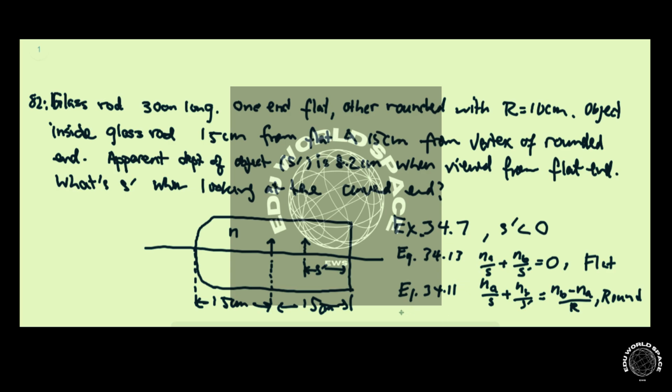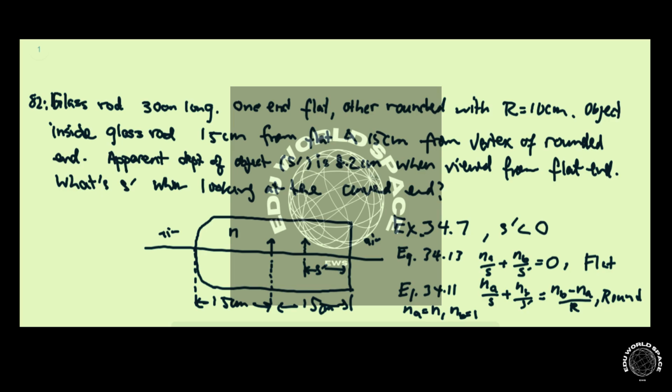So let's do a couple of things. Since the viewing is done on the air side, so this is N and here is air, and this is air. So let's call NA, which will be the glass rod, that's N, and NB is air, so that's 1. So we keep that in mind.